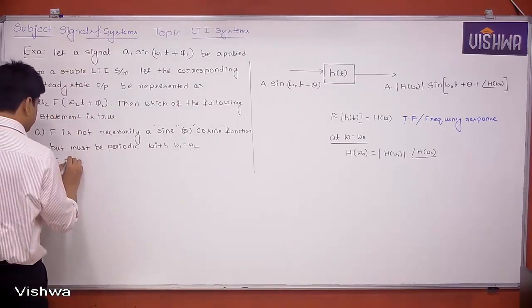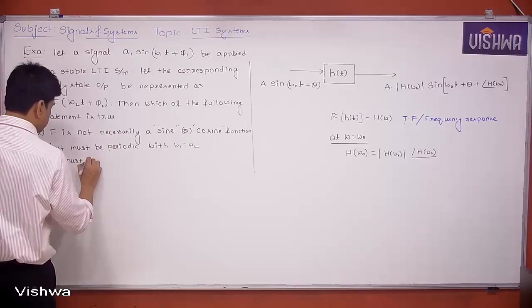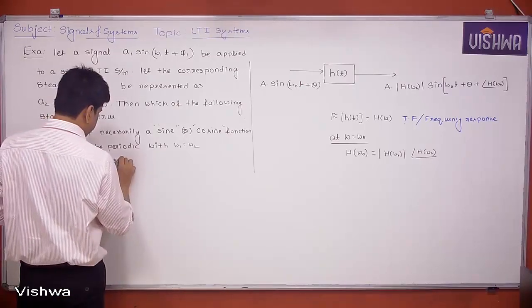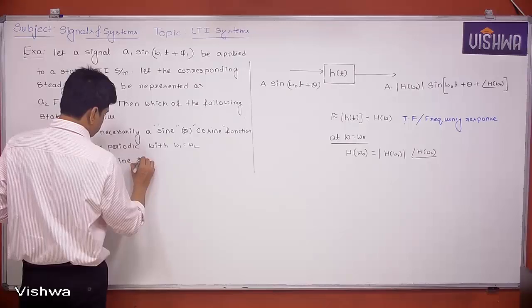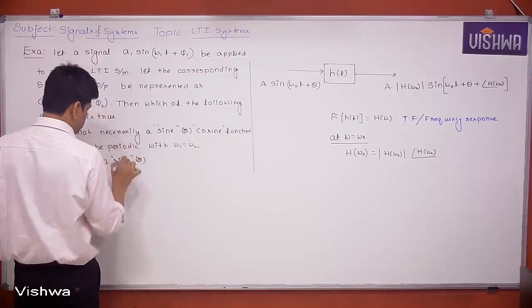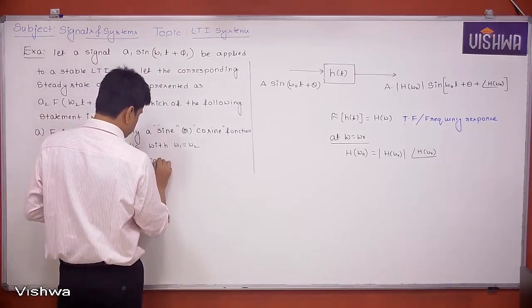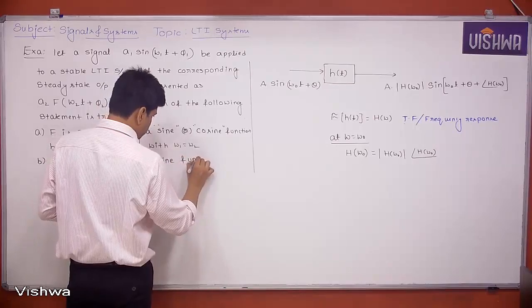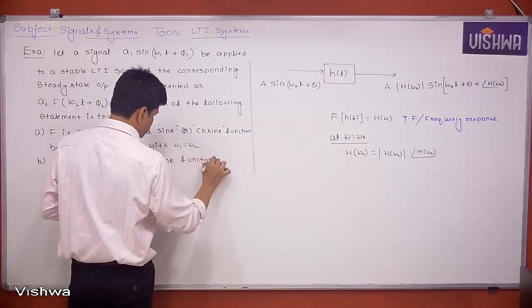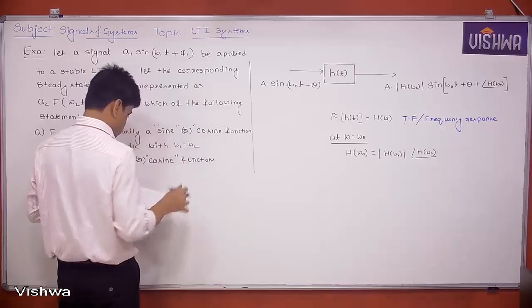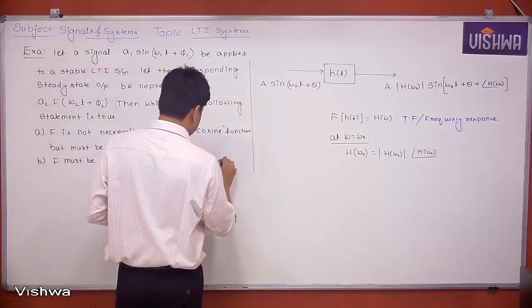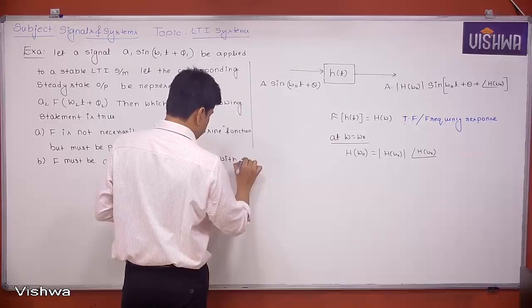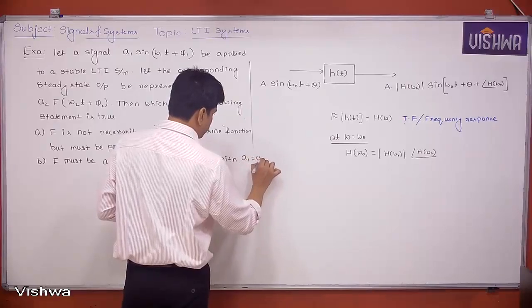Option B. F must be a sine or cosine function with A1 equal to A2.